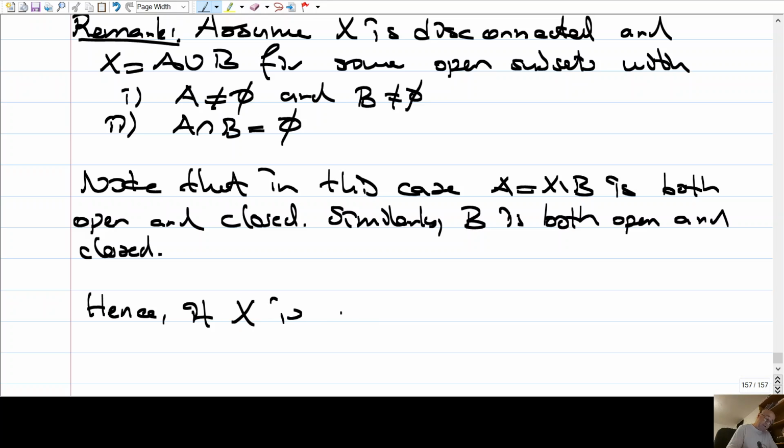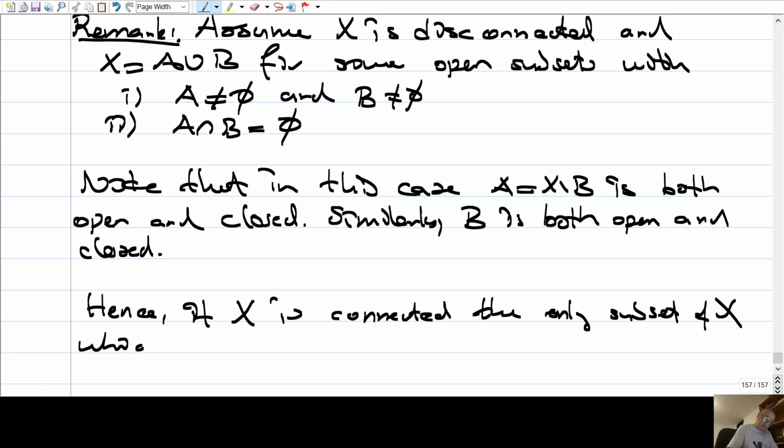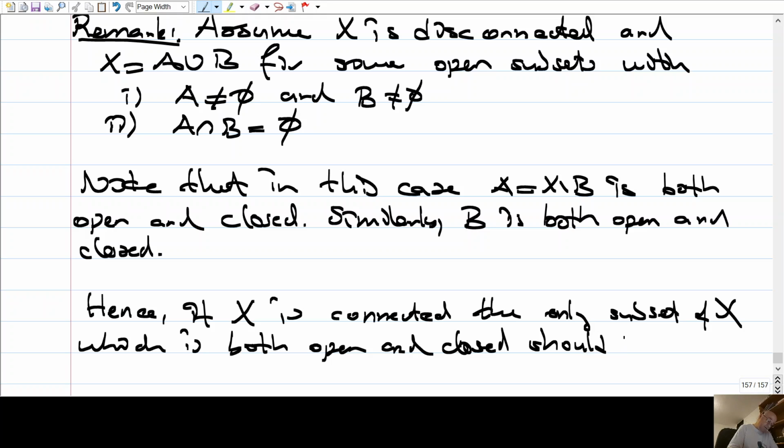So this means what? Hence, if X is connected, the only subsets of X which are both open and closed should be the empty set and X itself.